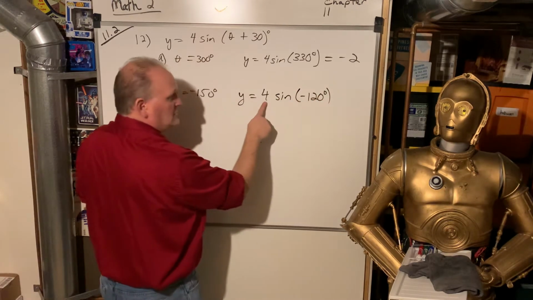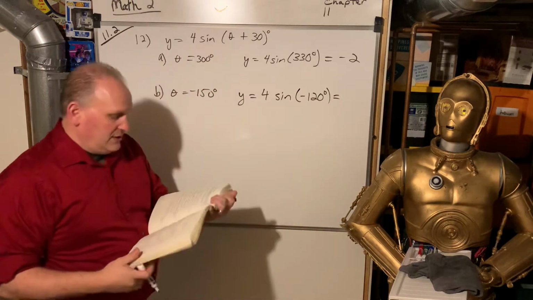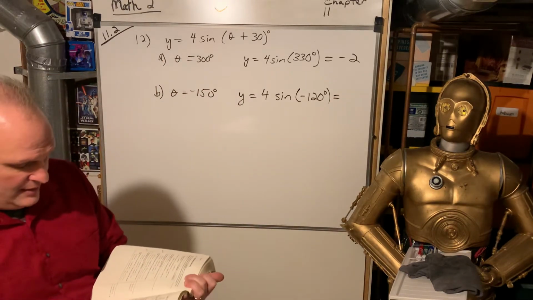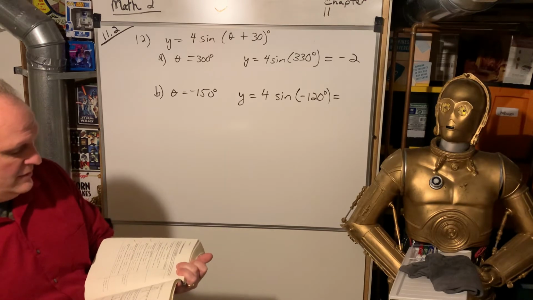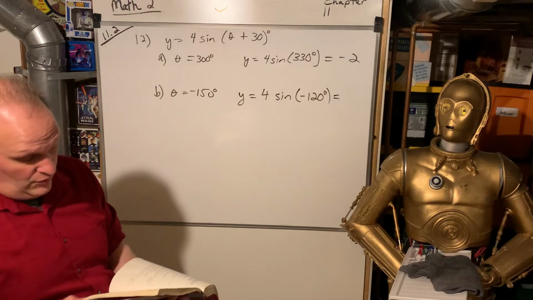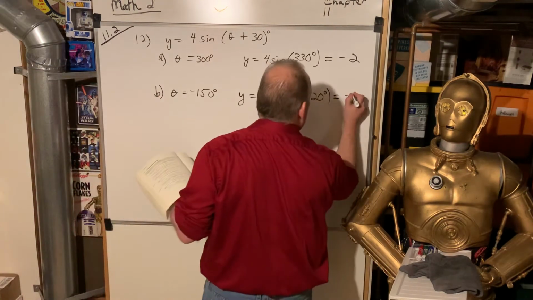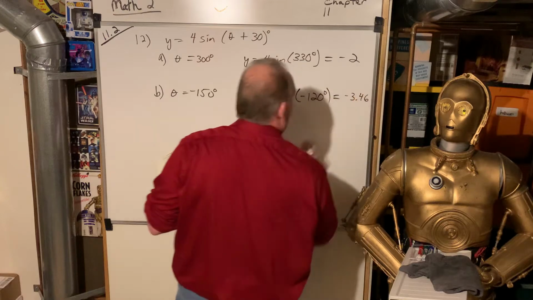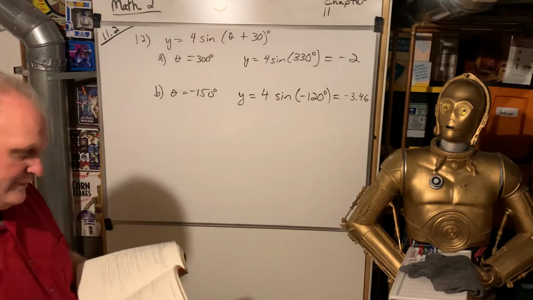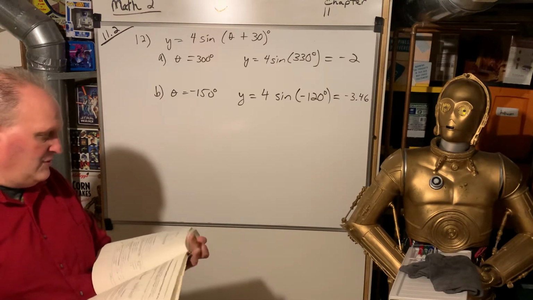Now there's a 4, so the amplitude has changed also. So that's why you throw that into your calculator, and we'll have to round. It says 2 decimal places again, so negative 3.4, is that a 6? Yep, negative 3.46. Okay. So we're just kind of using our calculator for those.